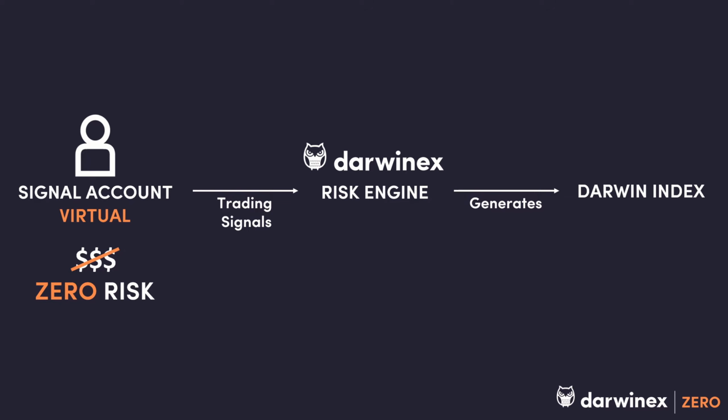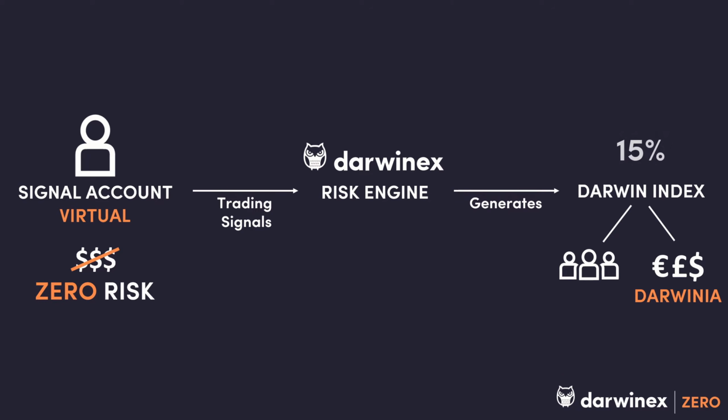The risk engine here allows for a fair comparison between all Darwins participating in the seed capital allocation program Darwinia, and also means better transparency for future third-party investors. And remember, you will get to keep 15% of any profit you make on those allocations and investments.